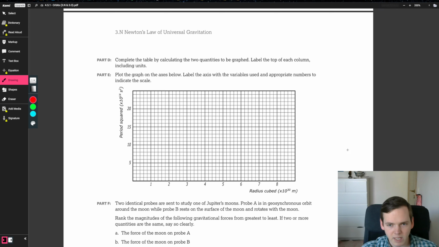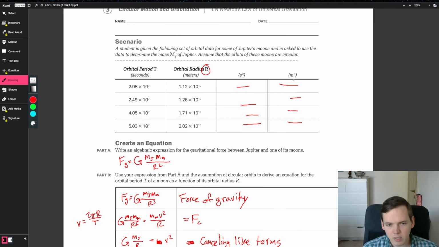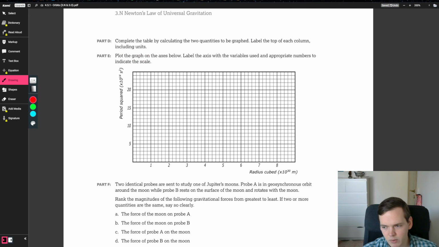Complete the table by calculating the two quantities to be graphed, and label the top of each column, including units. If we go back up here, you'll notice they asked for that here. So T squared, r cubed, they give you the units already. Plugging all that in, then when you graph it, I'm not going to graph this perfectly. I'm just going to look off the answer key and give you a rough idea.